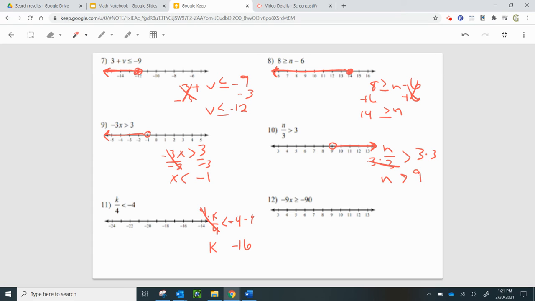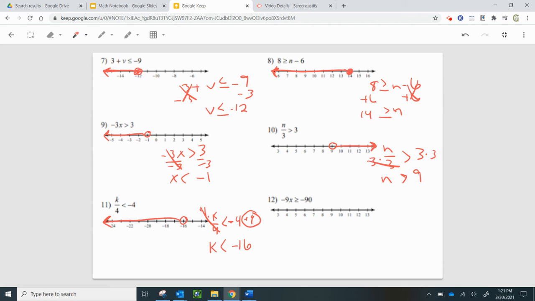There was a negative number when I multiplied, but it wasn't what I multiplied by. In my work, I did times 4, right? This part right here. So because I did times 4, I didn't do times negative 4, then it doesn't flip. So I'm going to draw a circle at negative 16. Then k is less than that, so it's going the less direction.